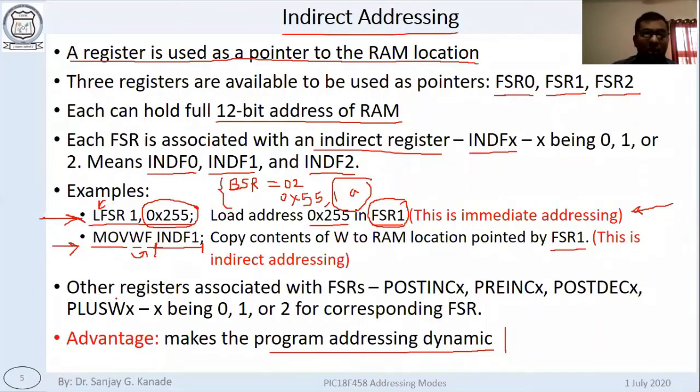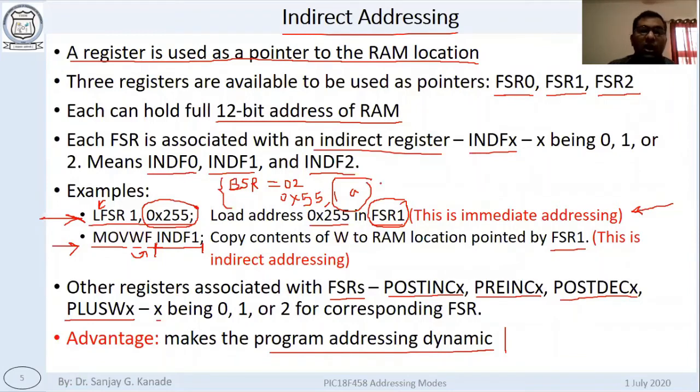There are also other registers associated with these FSRs, like POSTINCx, PREINCx, POSTDECx, and PLUSWx. In all these registers, this x means 0, 1, or 2, and those are associated with the corresponding FSRs.